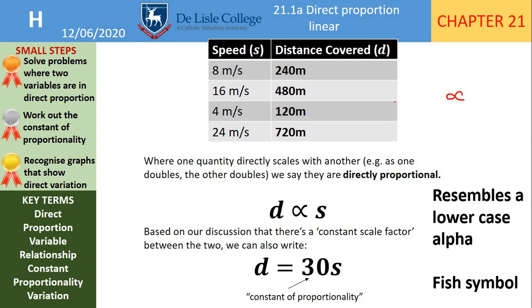What we tend to do is start with the formula D = KS, where K is the constant of proportionality, and then we work it out. We knew that we had to multiply the speed by 30. So K was 30. So this is where this formula comes from down here.